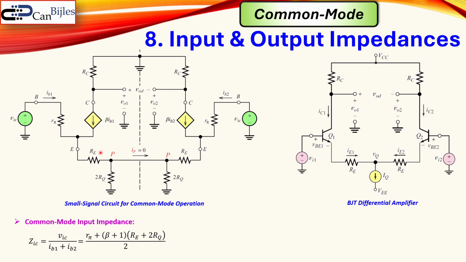So you see here R pi plus RE in series with 2 times RQ. That's actually what we had in our half circuit, and then times, of course, beta plus 1. That's what we have seen. And we have it also on the right side. And since they are exactly equal to each other, so 2 resistors equal to each other, that's the half of the resistance for the parallel case, and that's actually what you see here.